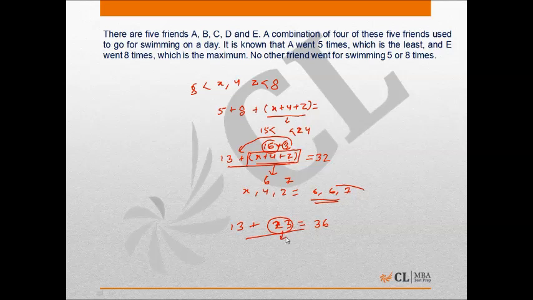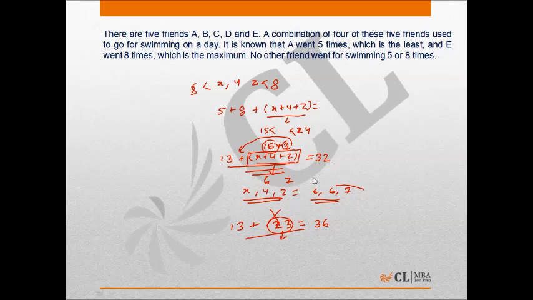So it is not possible to get all three values in the given range between 5 and 8. So we can deduce that the value of x plus y plus z cannot be 23. Hence there is only one possible case, where x plus y plus z is 19. In that case we can find the values of x, y, and z.